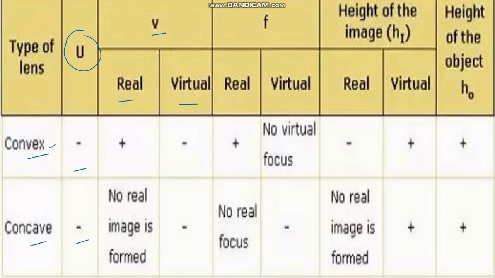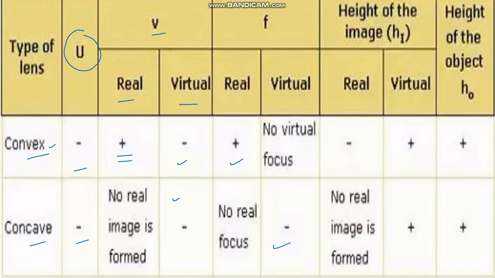Real and virtual images are formed by a convex lens, but concave forms only virtual. So for a real image, the distance is always positive, and for a virtual image, it is always negative. Then the focal length, for a convex lens, is positive and for a concave lens it is negative.